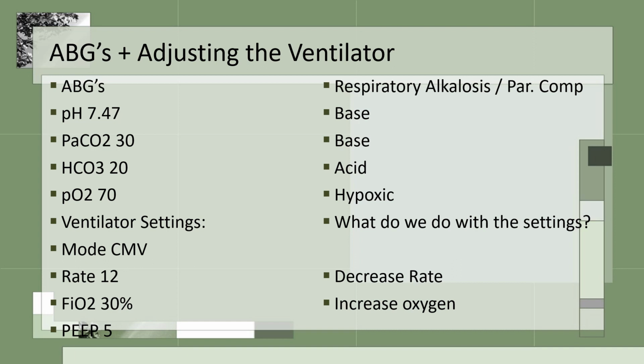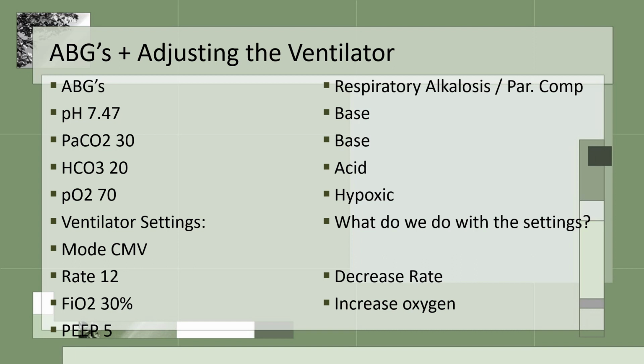It is partially compensated because the PCO2 is a base and the bicarb is an acid, but it's only partially compensated because that pH is not within normal limits. And it is alkalosis because that matches the respiratory part of the acid-base imbalance. So they are also hypoxic. So what are we going to do?